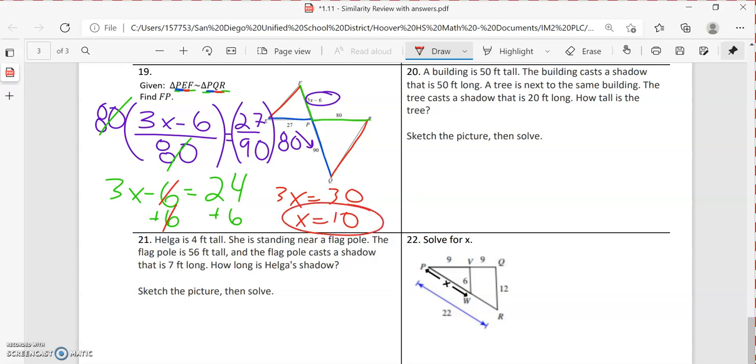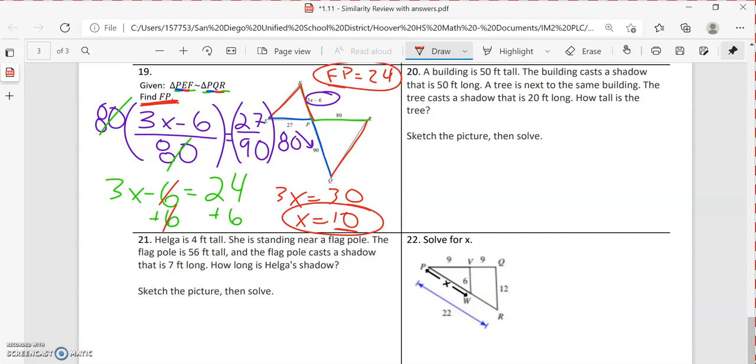Now the question actually asks FP. So FP is from here to here. We just learned what x equals. So we got to put x into 3x minus 6. So 3 times 10 is 30. Minus 6 is 24. So FP is actually 24. That's the actual answer here. Make sure you're realizing what they're asking me for. It doesn't say find x, it says find FP.